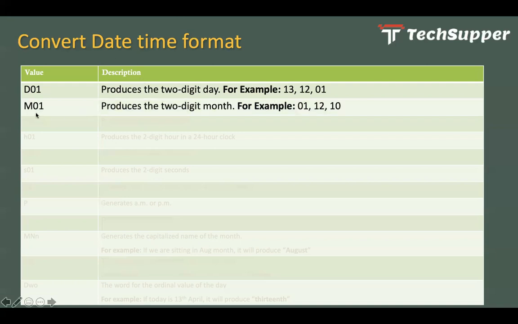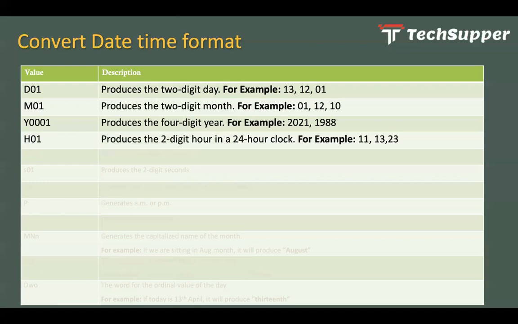M01, capital M01, produces the 2-digit month, for example 01, 12, 10, like this. Then you have Y0001, capital Y, which produces the 4-digit year, for example 2021, 1988, something like this.